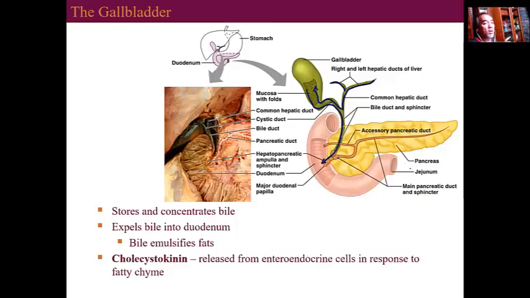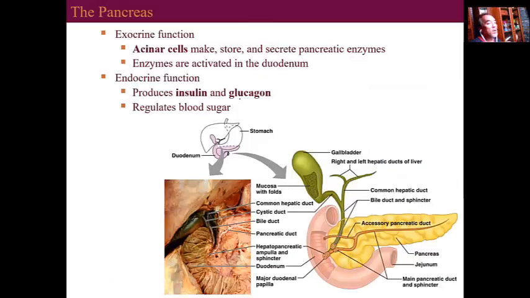Okay, so remember I said cholecystokinin, that's all released by the duodenum because it senses fats. Now this one tells you about the pancreas. The pancreas has cells inside that produce what we call enzymes.